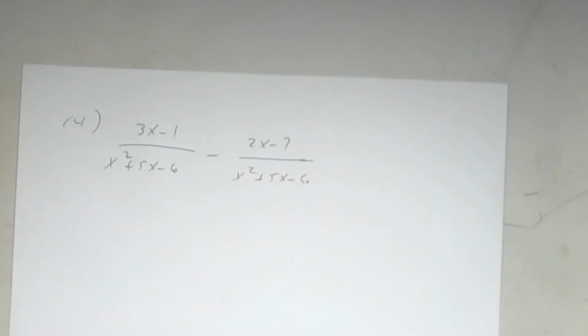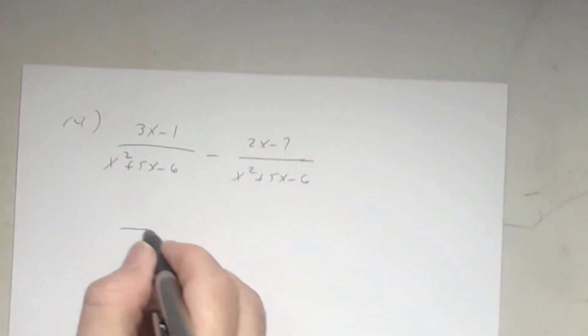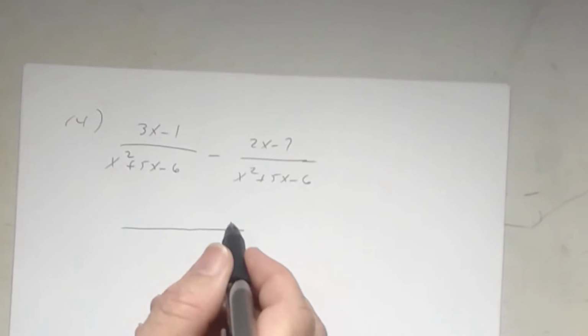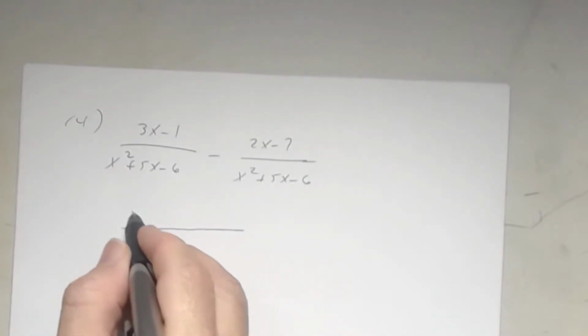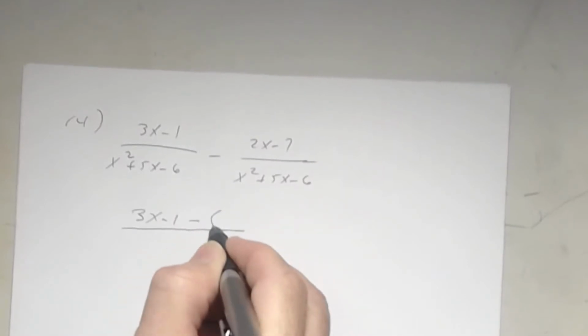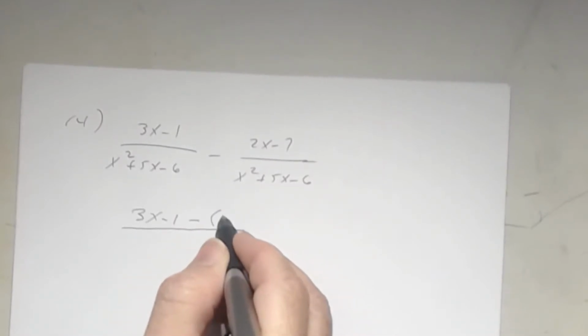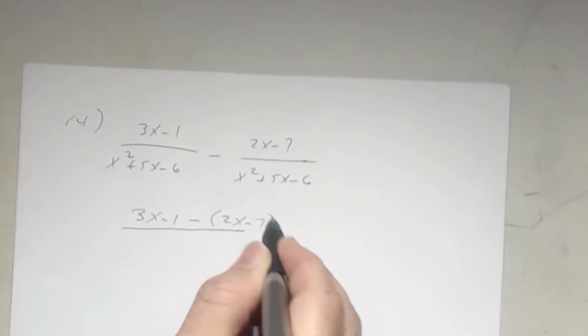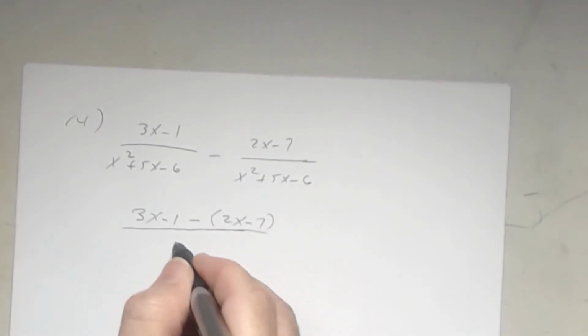Okay, so you're subtracting, so you've got to be careful with subtracting. That's 2x minus 7. All right, so let's actually write in the step. Write in that second step. So when you write as one fraction, you say 3x minus 1 minus, in parentheses, what do you put in parentheses? Then 2x minus 7, all over the denominator.